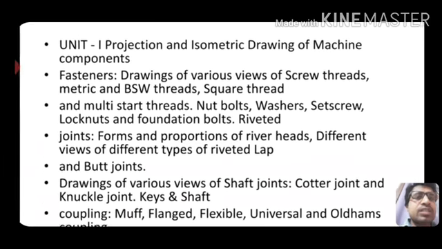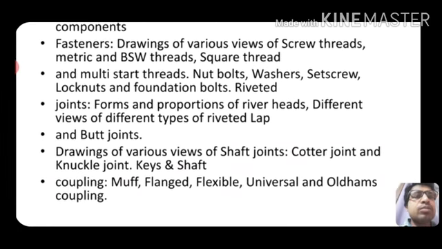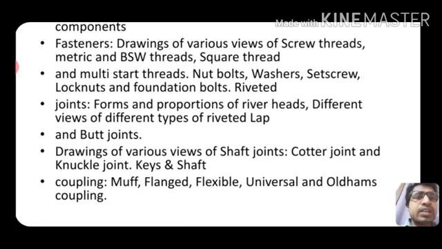Another one is fasteners: drawing of various views of screw threads, metric and BSW threads, square thread and multi-start threads, nut, bolts, washer, set screw, lock nut and foundation bolt.